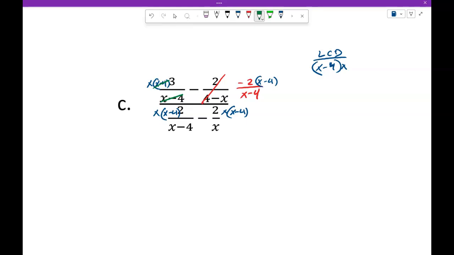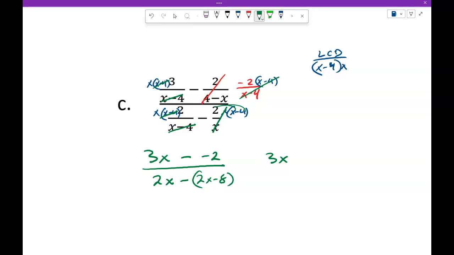First fraction, we're left with 3x minus. Second fraction, we're left with -2. In the denominator, we're left with 2x minus, and then we can distribute the 2.